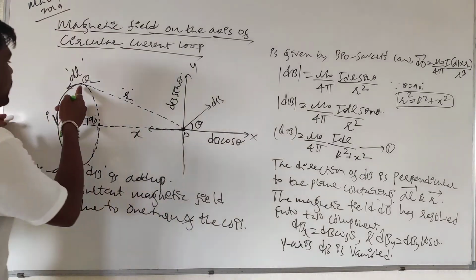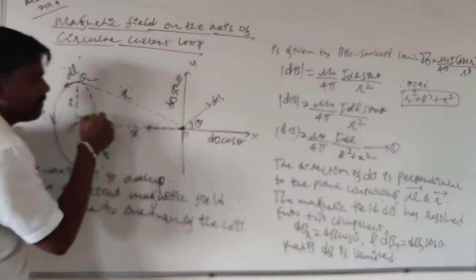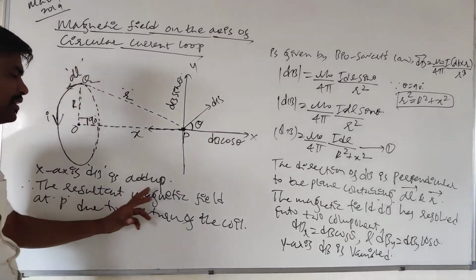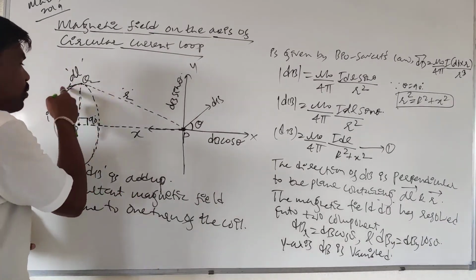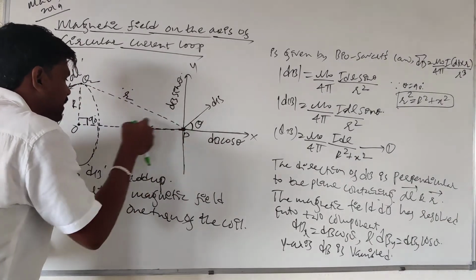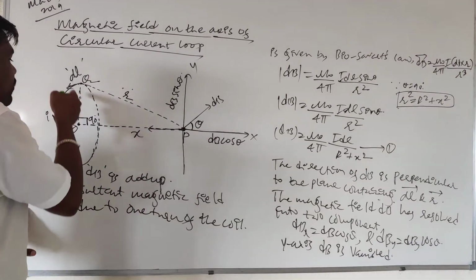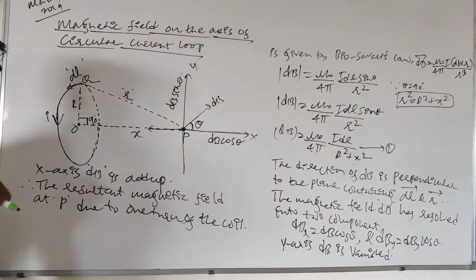So from here, one turn of the coil. So the x-axis resultant magnetic field at point P after one turn of the coil, once one turn is done, what does it become, right?